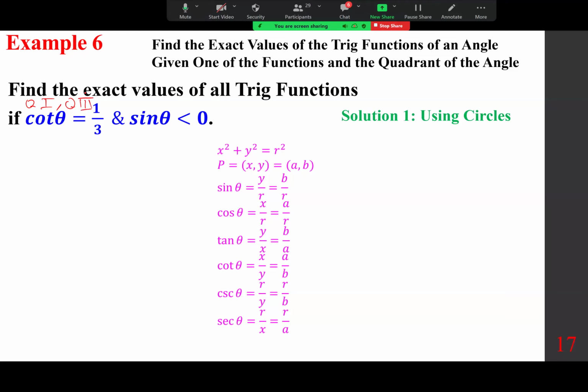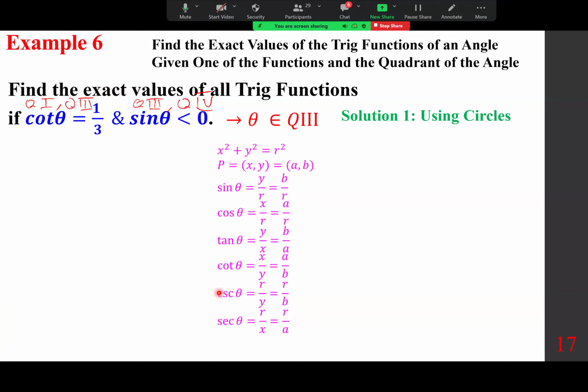Sine is negative in the third quadrant and the fourth quadrant. So this will give us quadrant 3 and quadrant 4. As you can see, number 3 is in common. So theta belongs to the third quadrant.